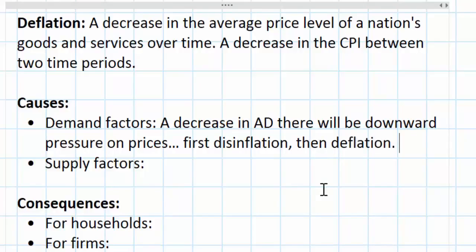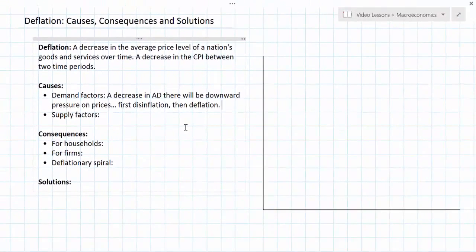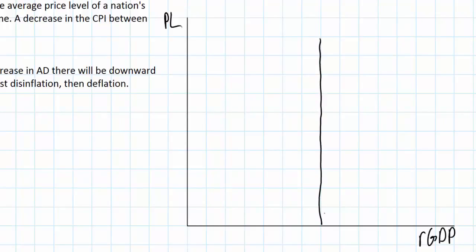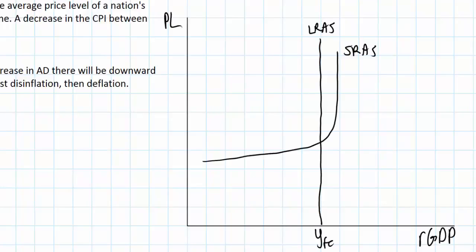Let's do some graphical analysis now to illustrate how demand factors could cause a nation to experience disinflation and deflation. We'll use our aggregate demand, aggregate supply model, which by now should be very familiar to you. Let's assume an economy is in equilibrium at its full employment level of output. In other words, aggregate demand crosses short-run aggregate supply at the full employment level.